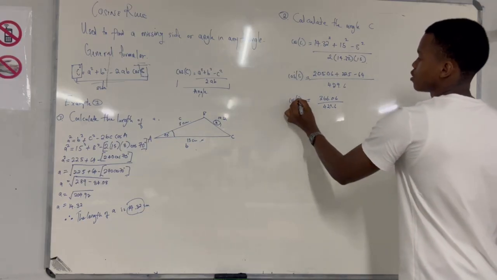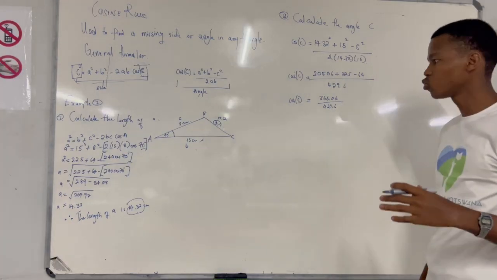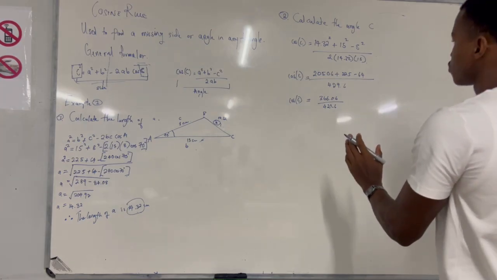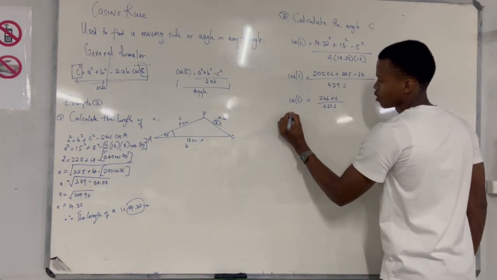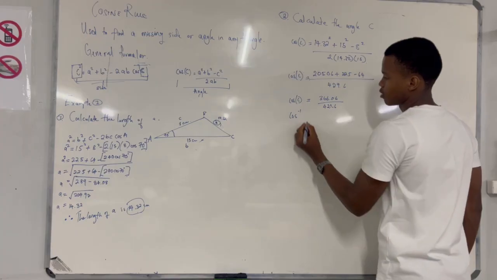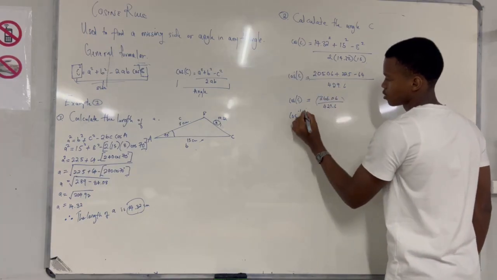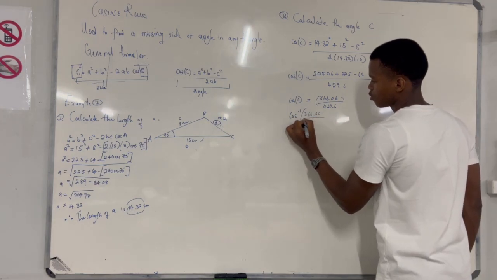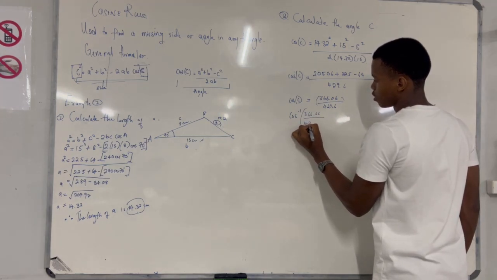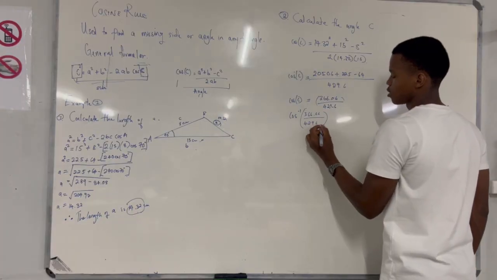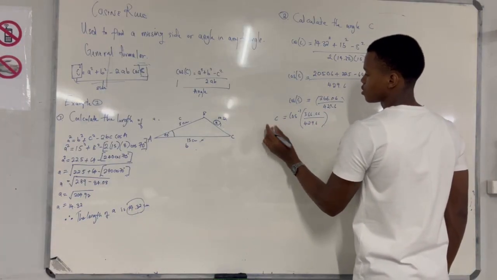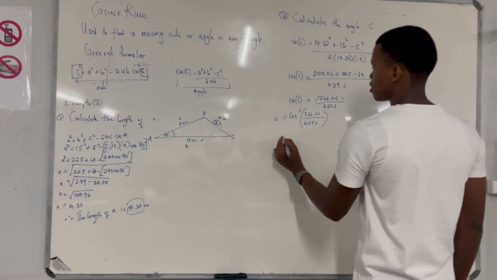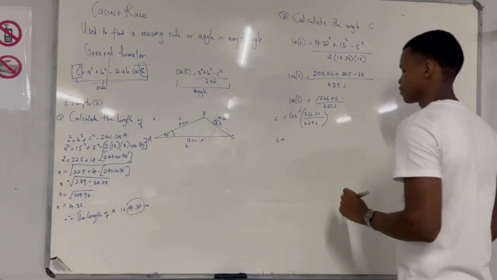Since we are looking for C, not cos C, we are going to use the inverse, which is cos inverse of 366.06 over 429.6, and this will give you your C. Punch this in your calculator.